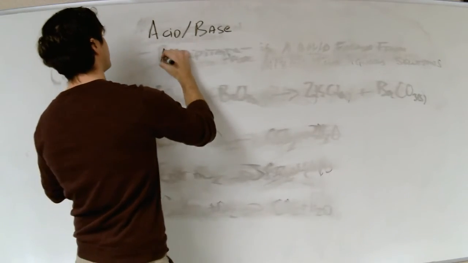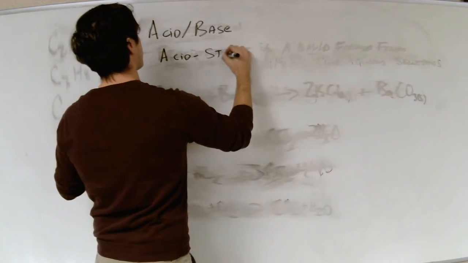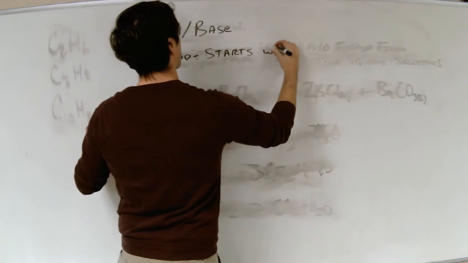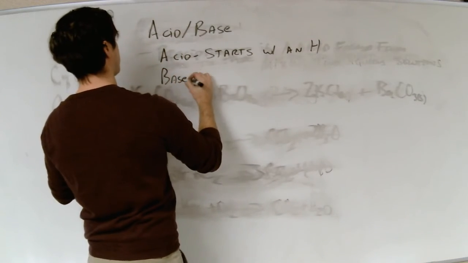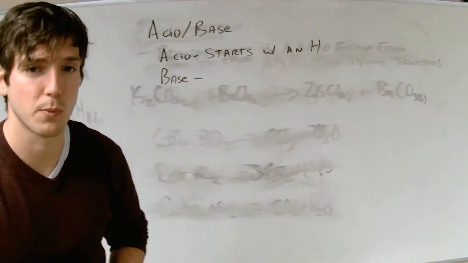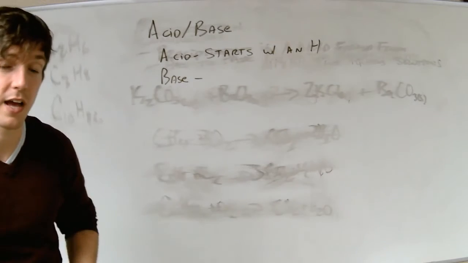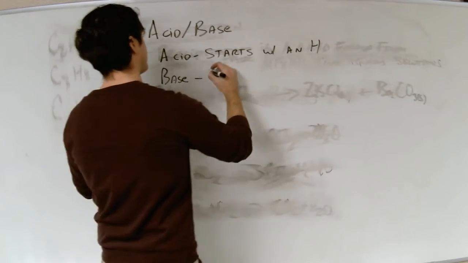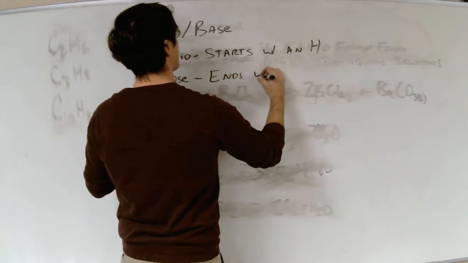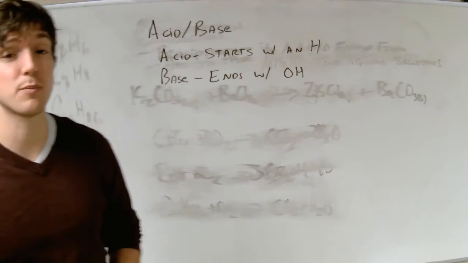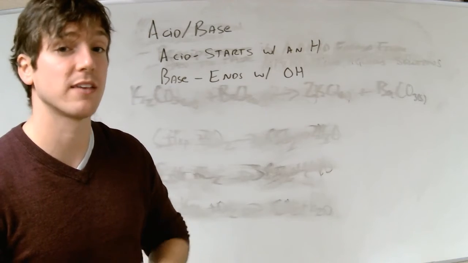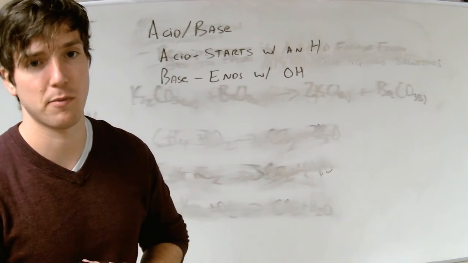An acid starts with an H. We know that from our naming lessons. But what about a base? How do we identify if it's a base or not? A base is anything that ends with OH. So an acid-base reaction has to have both. It has to have acid and it has to have a base.